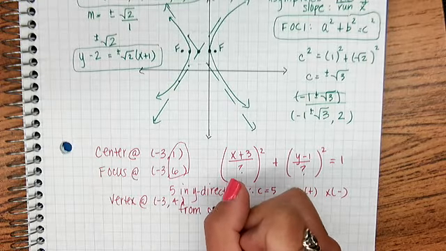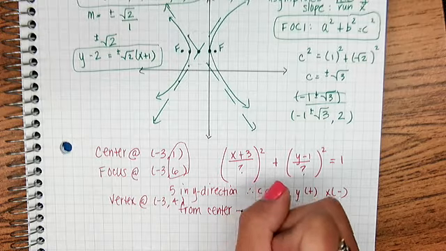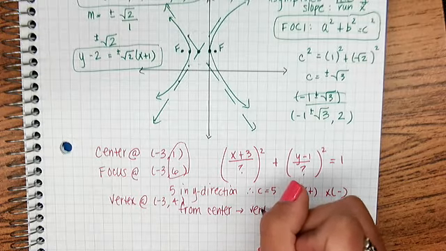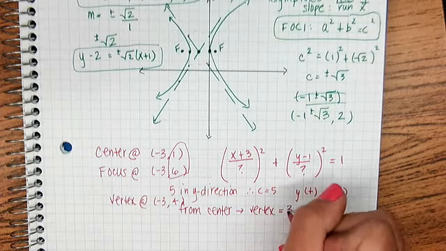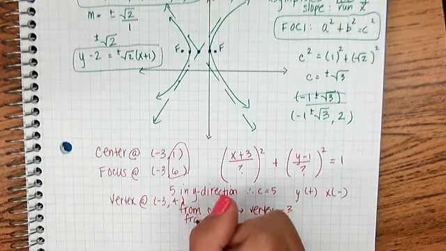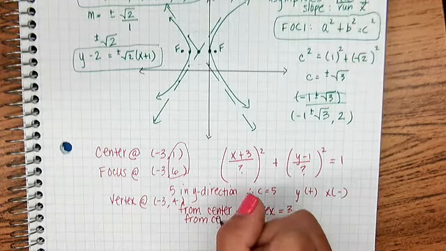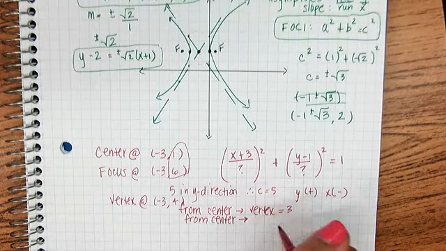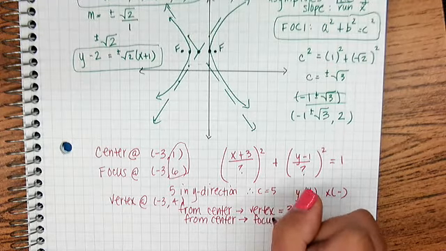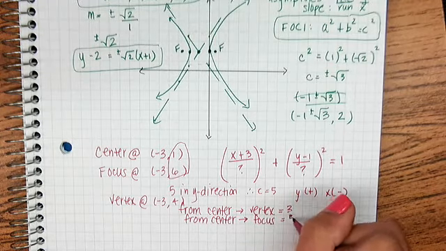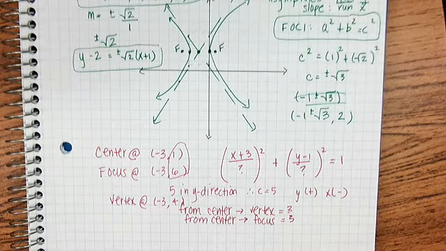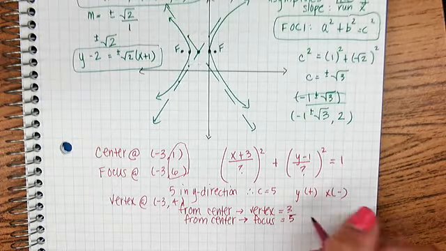From center to vertex is 3. And from center to focus is 5.